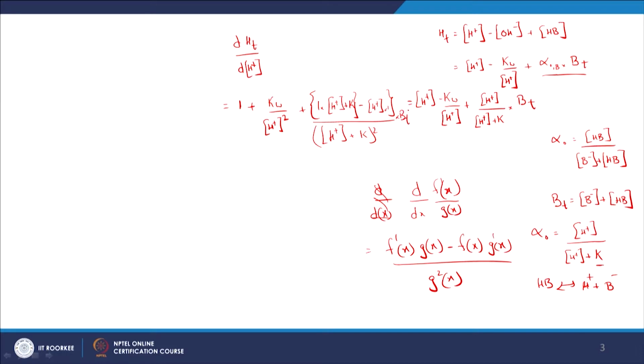So let's try to simplify this here, and now we are going to have 1 plus kW by h plus square plus k into b total by h plus k whole square. So this is what we end up with here. So that's one equation we need to refer to later on, right?